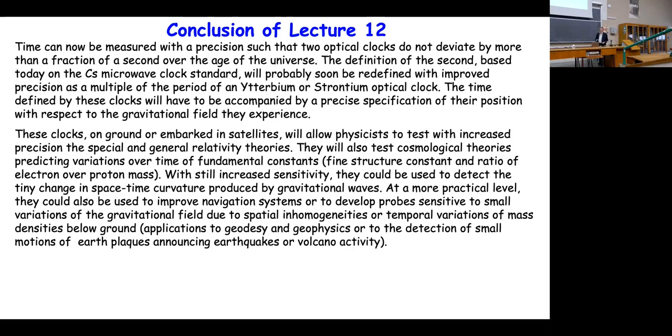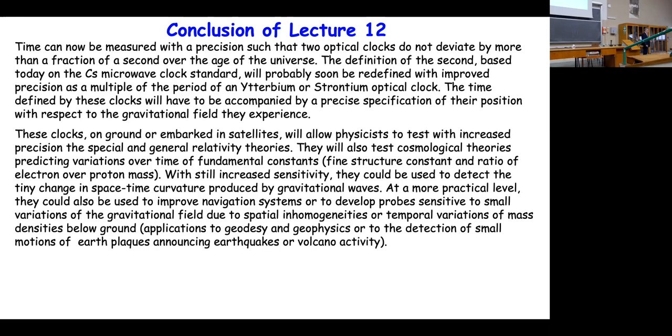At a more practical level, if you move this clock and if there is an inhomogeneity of masses underground, you will be able to see it. So it can be very useful for geophysical investigation, to try to find if there are some interesting minerals in the ground.